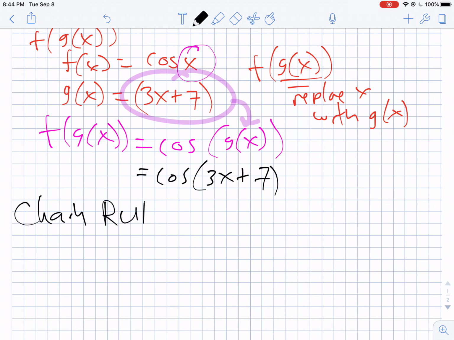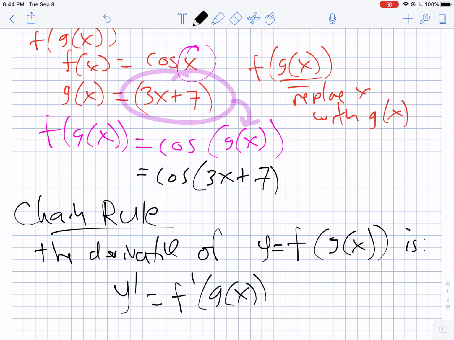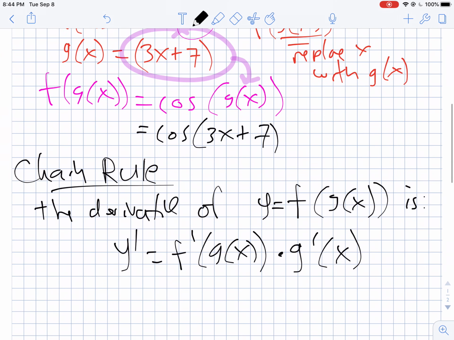The chain rule says that if you have to take the derivative of a composition of functions like this, so if you have to take the derivative of y equals f of g of x, that derivative is y prime equals f prime of g of x times g prime of x. So let's break this down first off.